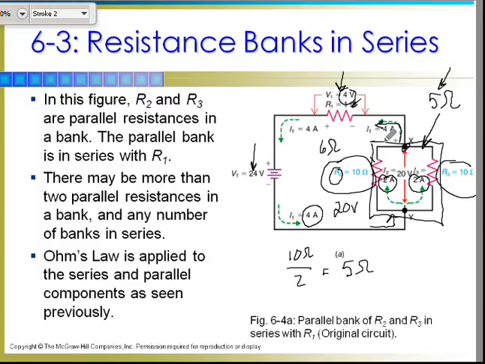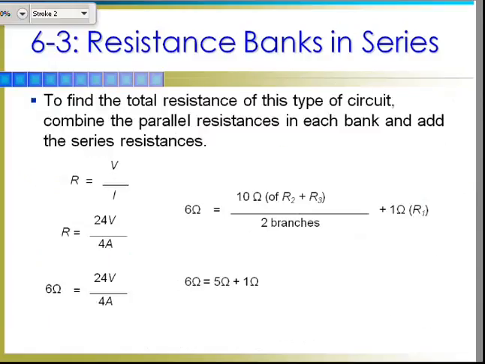So first, break down the parallel to its simplest form once you determine that you have an overall series circuit. Break it down to the simplest form, then apply your series circuit, and then go back and apply what you need to analyze your parallel circuit. And that's exactly what they're doing here.